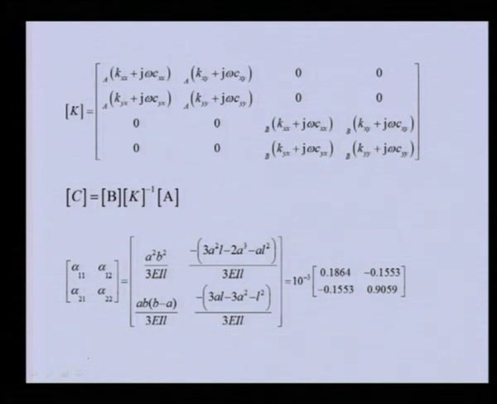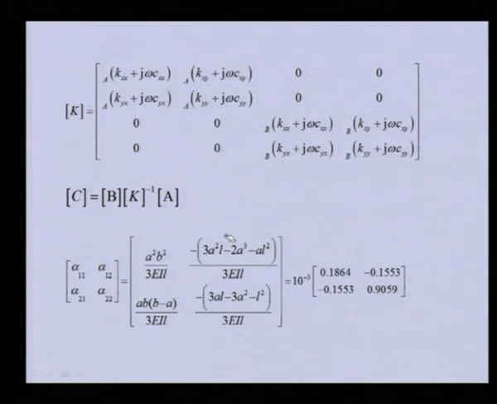K matrix is like this, and we can substitute the values of this also. C matrix, which we in turn defined as B into K inverse into A, is the influence coefficient matrix. We are considering simply supported conditions.